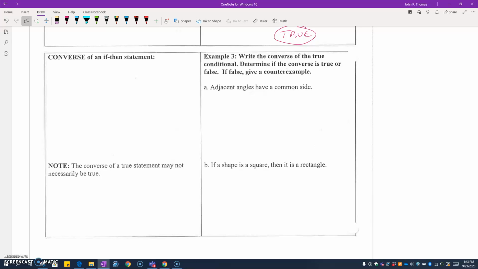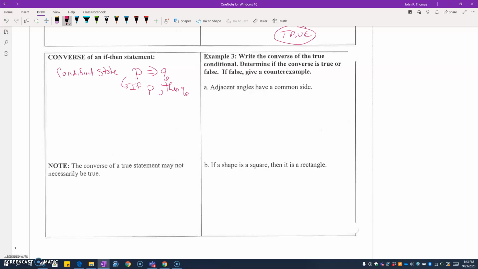So the first way that we can rewrite a conditional statement is the converse. If the original conditional statement was an if-then statement where we had if P, then Q, and a lot of times you'll see this notation, that's really equivalent to if P happens, then Q happens.